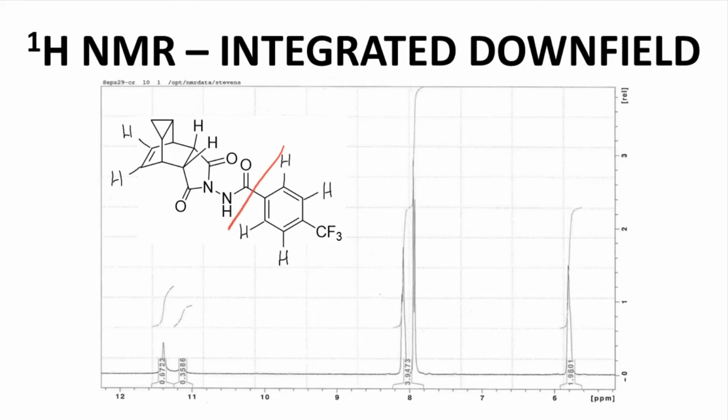Each pair of hydrogens shows up as separate 2H signals for a total of 4 hydrogens. That looks nice. Last we have the NH. Amide NH groups appear very downfield. This signal, actually 2 signals, is a bit odd. It's not a 1 hydrogen signal, but 2 signals that collectively add up to 1 hydrogen.